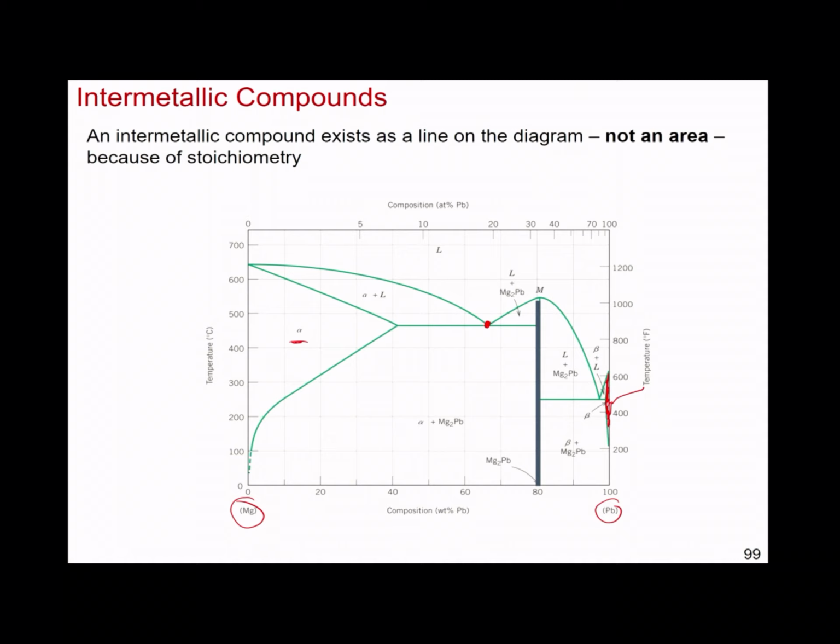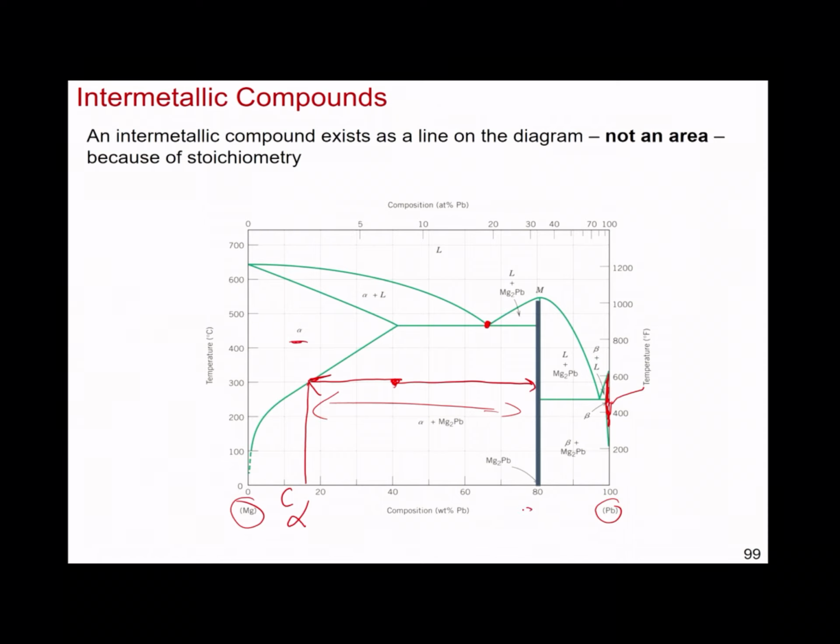So if you're in this compositional area right here, when you draw your tie line, let's say you're here, you hit this composition, C alpha, and then you can go to the right and you actually hit the intermetallic, a compound that is magnesium to lead specifically. That's the stoichiometry.